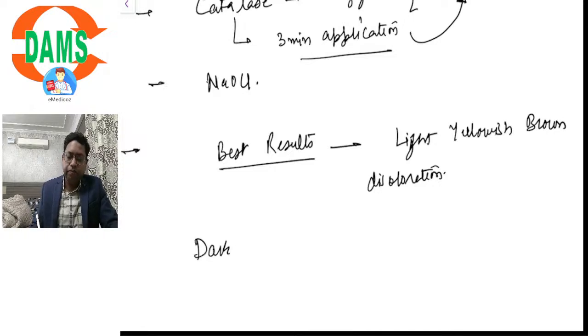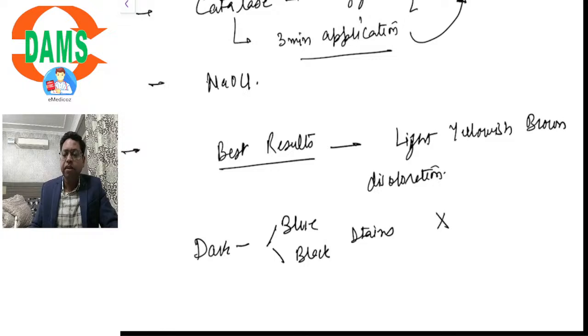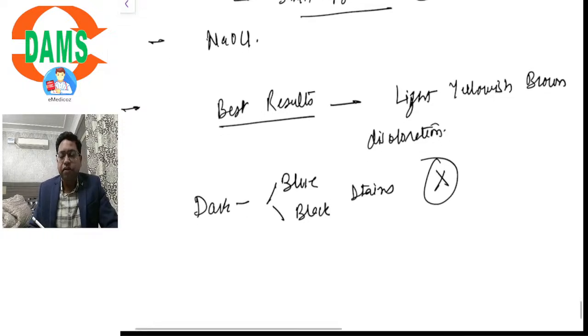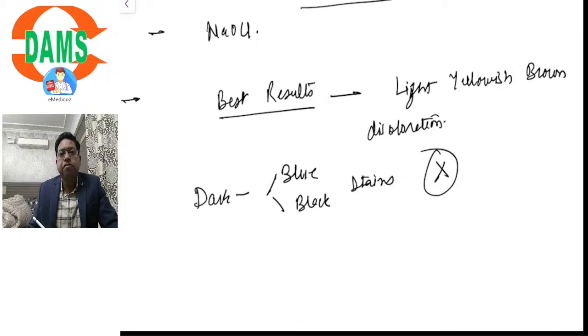Dark blue and black stains are less conducive, less favorably they respond to the bleaching treatment.